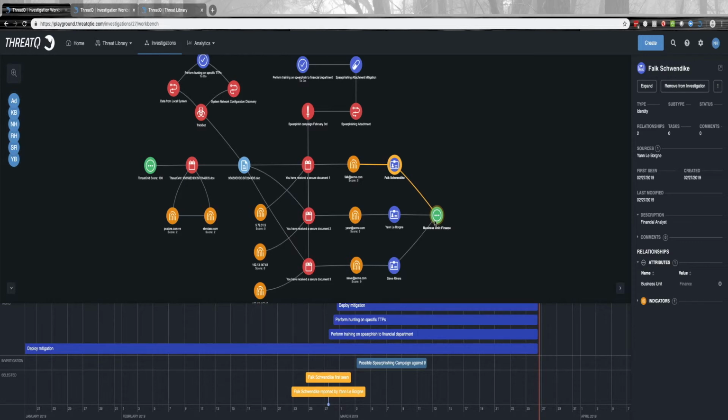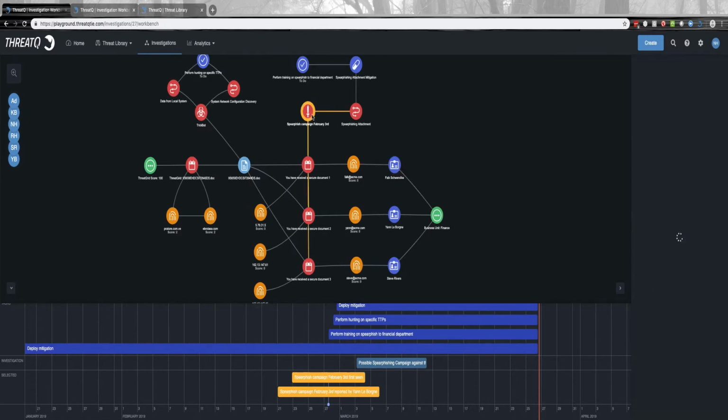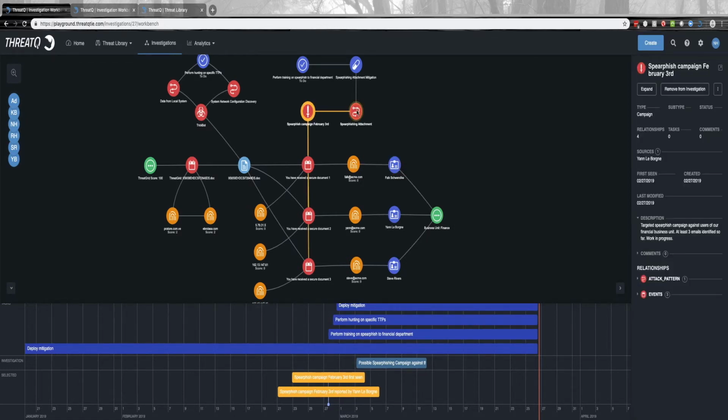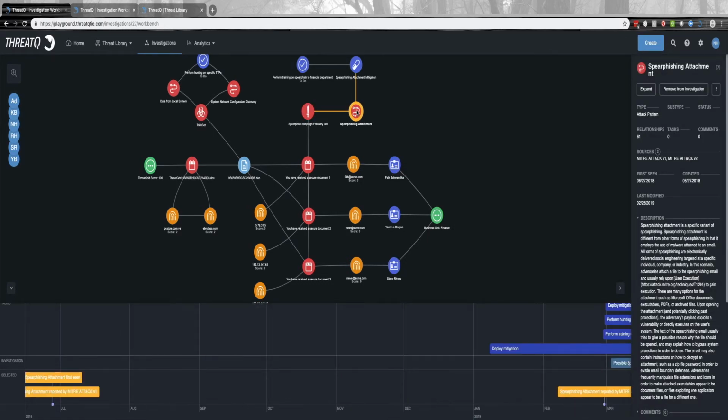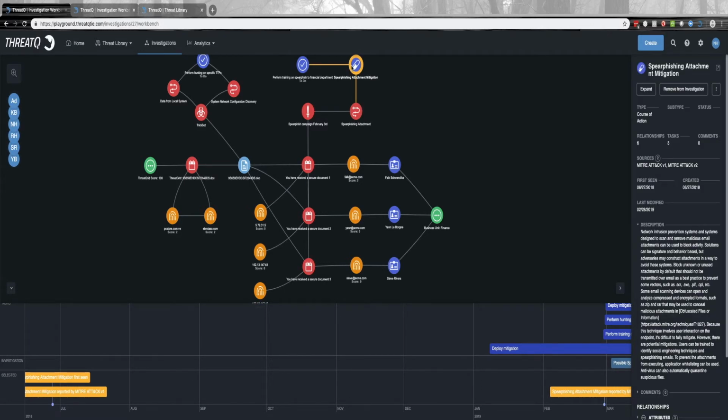Now, also what we can do, because now that we know that we potentially have a problem, we have to fix that. So I can go through and add this into a campaign from a tracking perspective and start looking at those courses of action, the attack patterns affiliated to the spear phishing attachments, then look down to mitigation. So very simply, we need to do some education for the business unit itself, for finance, that we potentially have a spear phishing problem ongoing, or activity targeted to them.